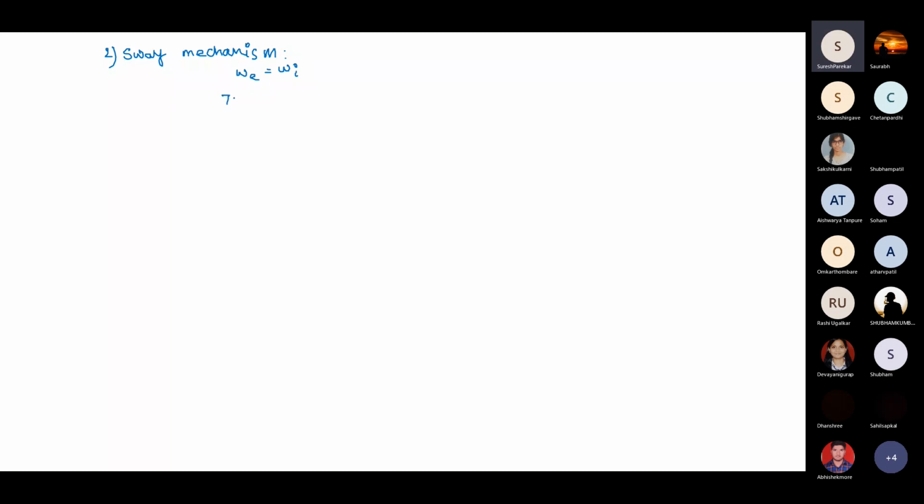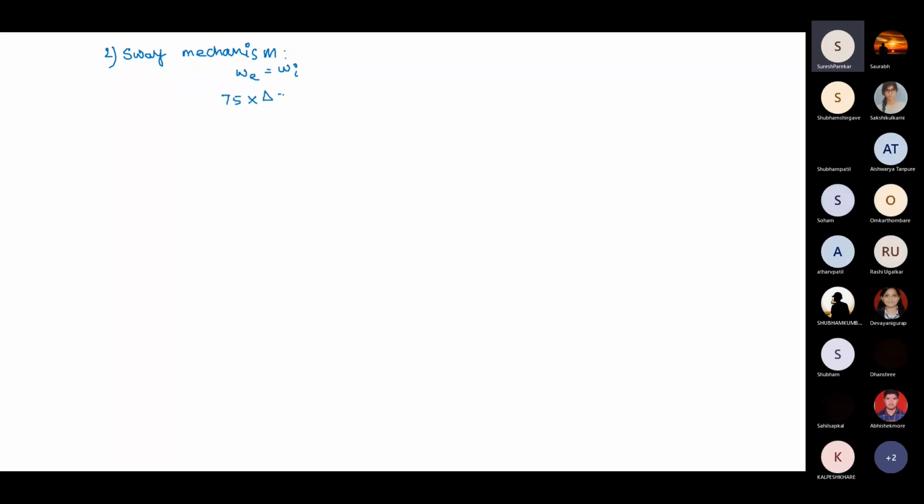So we have 75 into delta is equal to 2 MP theta 1 plus 2 MP theta 2. Theta 1 we have delta by 5 and theta 2 also delta by 5.